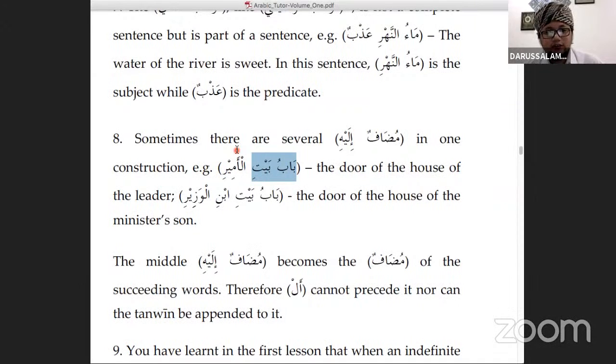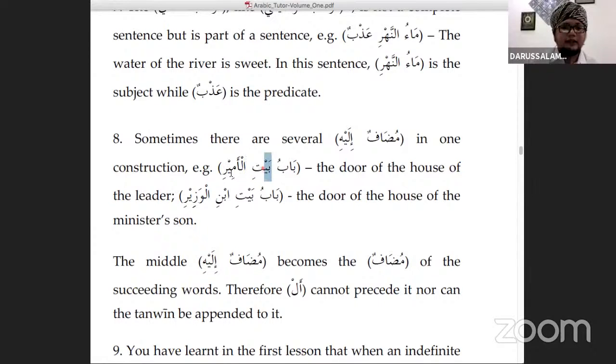So you can have many mudaf ilayh in there. So you can have the door of the house of the leader, for example.